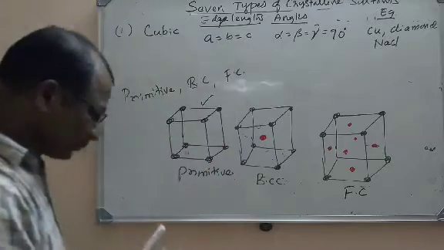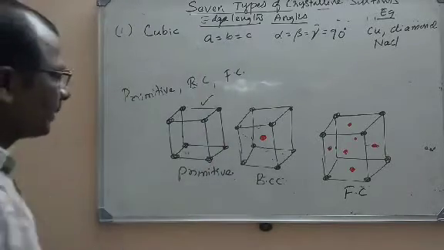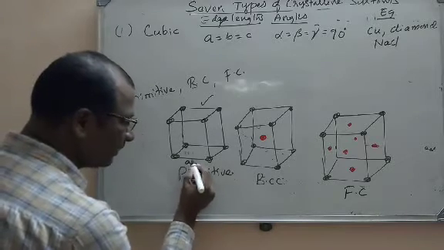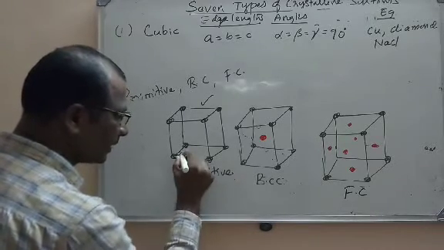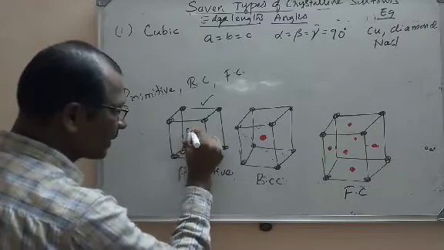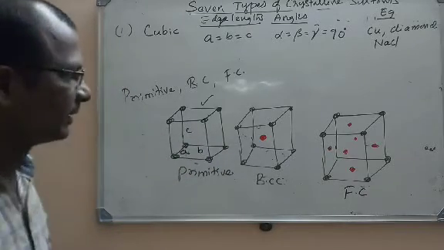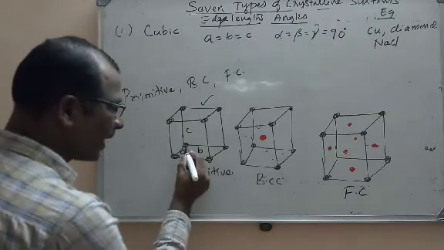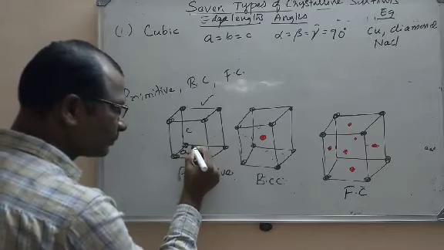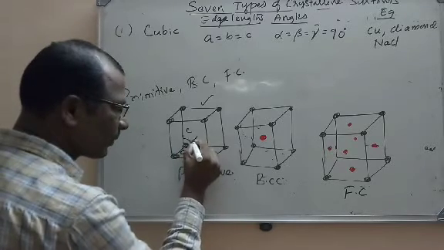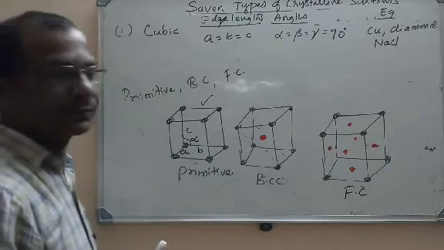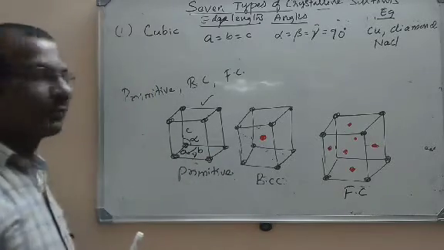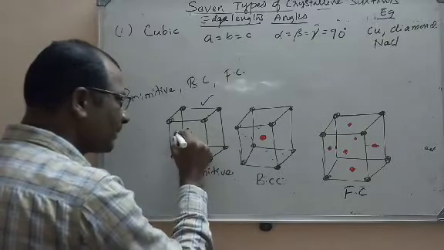Now, what does cubic mean? A is equal to B is equal to C. I told you that. For example, here you can take this is A and this is B and C. If the 3 lengths are equal here, then it is called a cubical crystal. And alpha, this is the angle. So here between this one is called alpha, this one is called gamma, and this one is called beta.